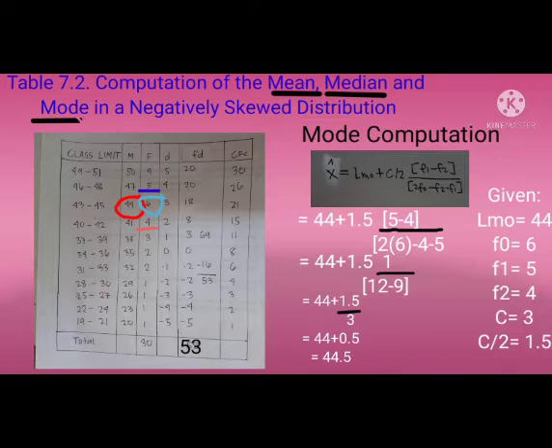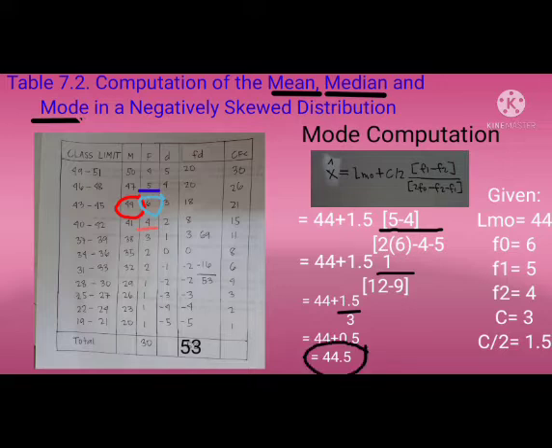So 44 plus 1.5 times 1 over 12 minus 9 is equal to 44 plus 1.5 over 3, which is 44 plus 0.5, which is equal to 44.5.